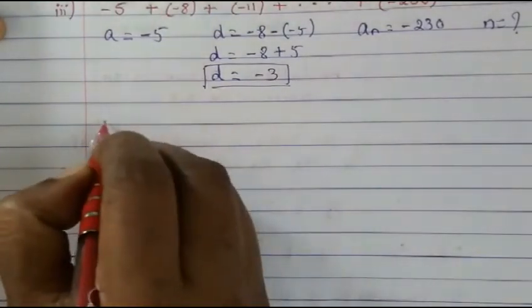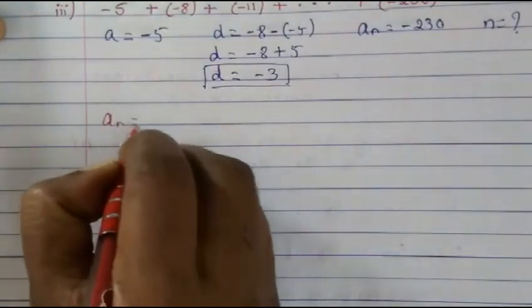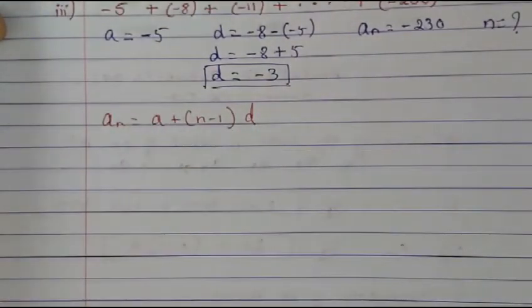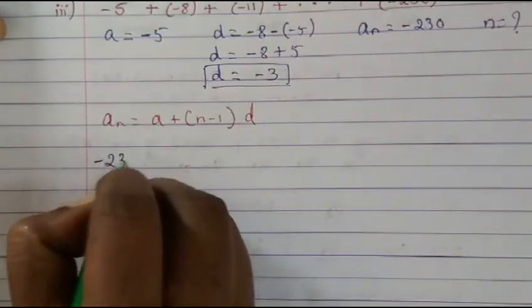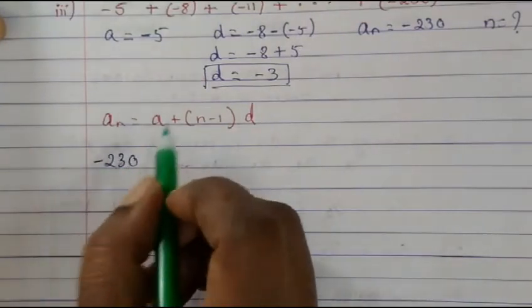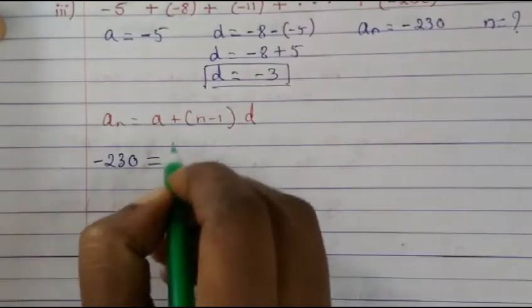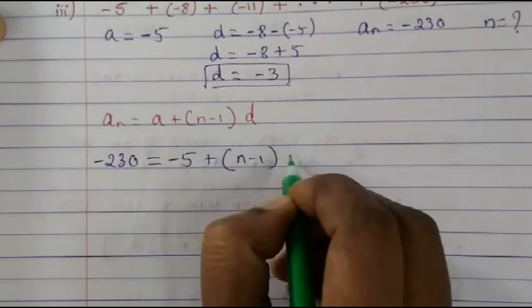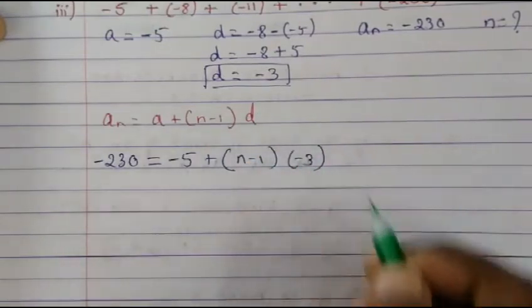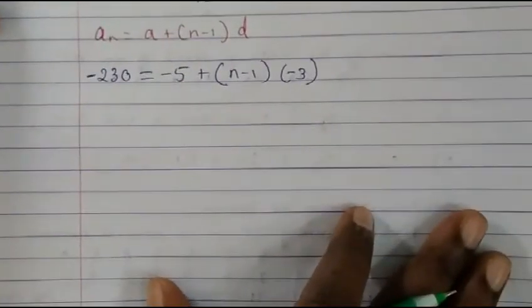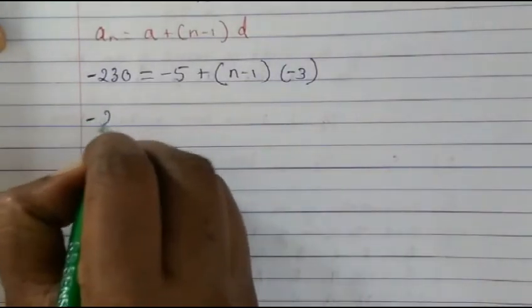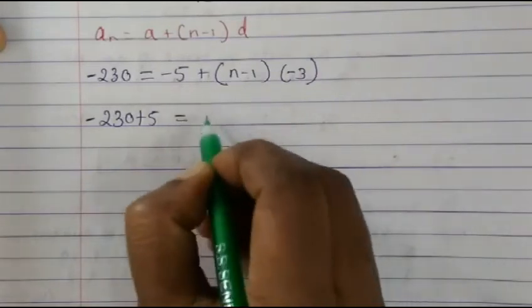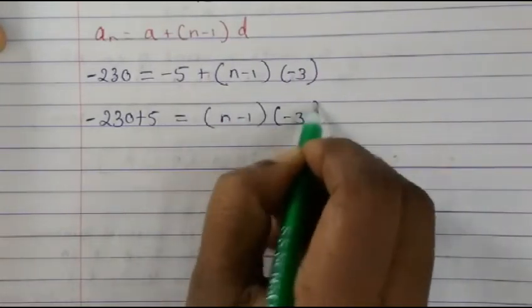So let's use the formula, that is an equals a plus n minus 1 d. So an is minus 230, a is minus 5 plus n minus 1, d we know, that is minus 3. So minus 230, when minus 5 comes here it will become plus 5, and then you have n minus 1 times minus 3.